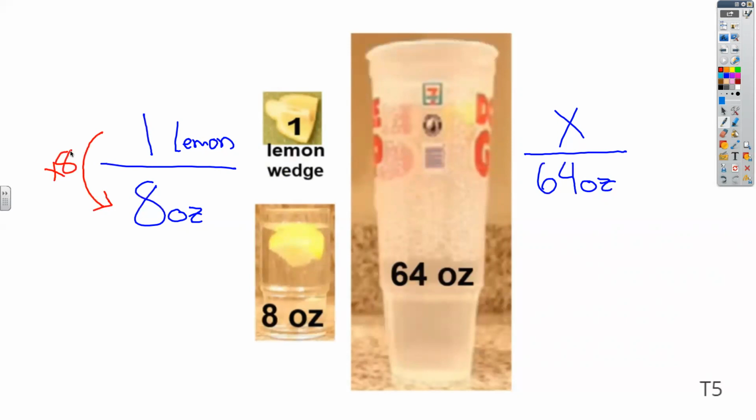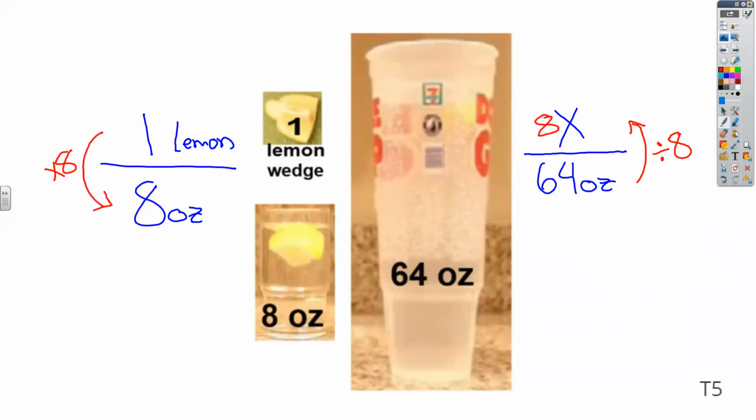And whatever you do to one side, you're going to do to the other. But if you do your arrow going down, you're starting with nothing and going to 64. But you can do the opposite. Why don't we do the opposite? What's the opposite of multiplying by 8? Correct. Dividing by 8. So what is 64 divided by 8? You're right. You said 8.